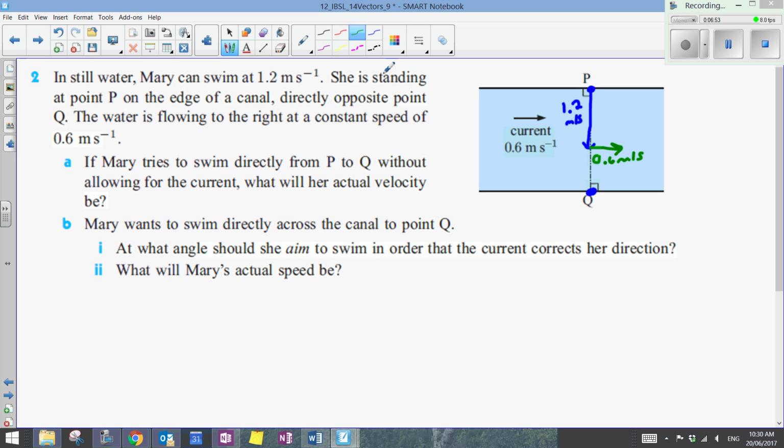So ultimately, if she doesn't actually change her course when she begins from point P, she's going to start to move in this direction here, okay? And then she wouldn't actually get to point Q. So if Mary tries to swim directly from point P to point Q without allowing for the current, what will her actual velocity be? So we have this velocity vector that's in red here. That's actually representing what she's doing.